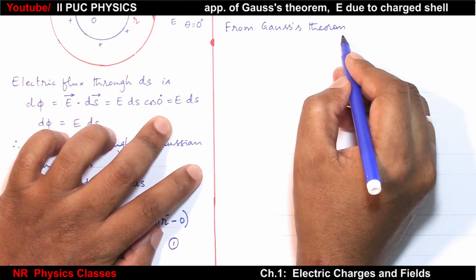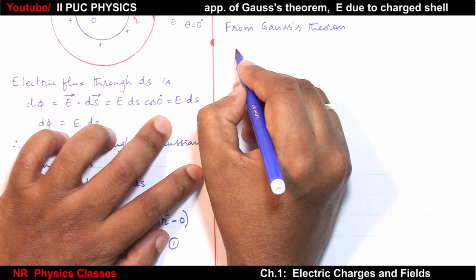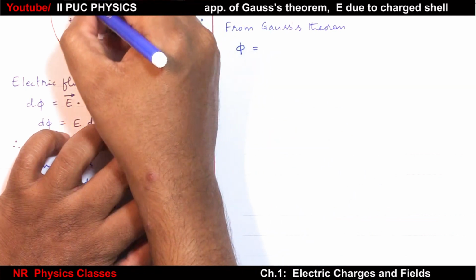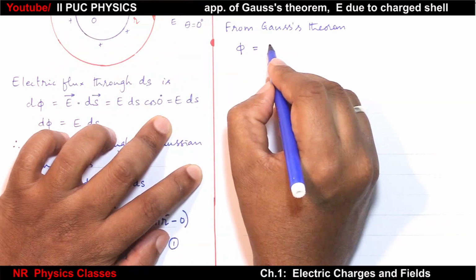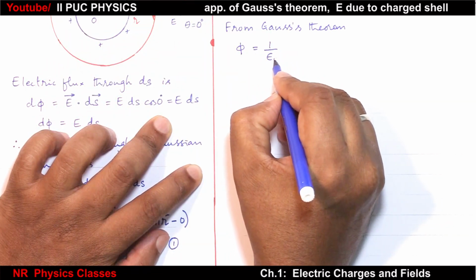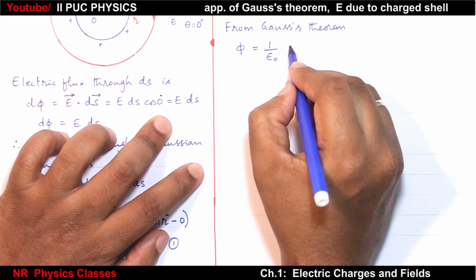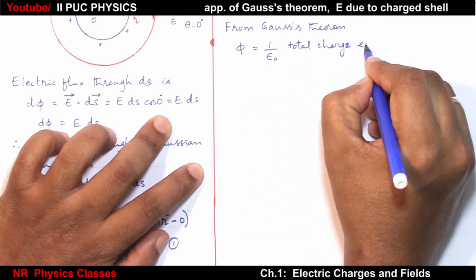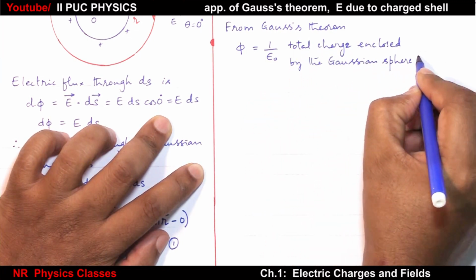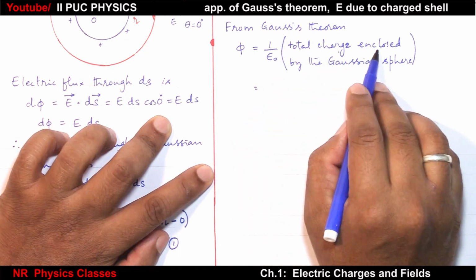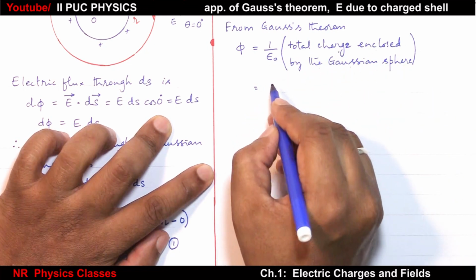From Gauss theorem, the total flux through the Gaussian sphere is equal to 1 by epsilon naught times the total charge enclosed by the Gaussian sphere.